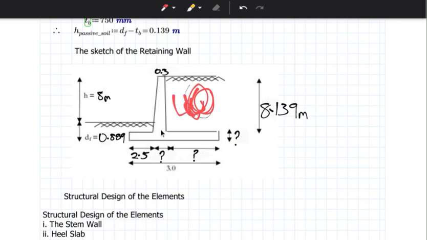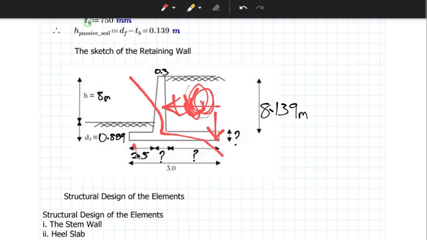This soil here would want to push this like this, acting like this. This is the active pressure from the retained soil. Later you would understand that this would want to go like this due to the pressure acting like this, or due to this one trying to move like this. Then this one will be acting towards the side. This is basically how it's going to be.